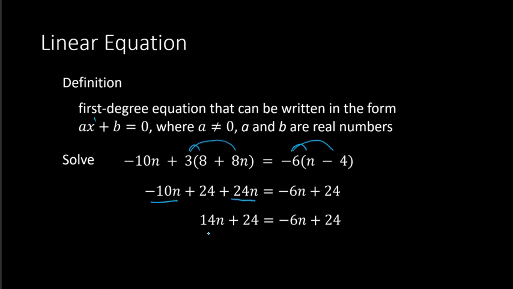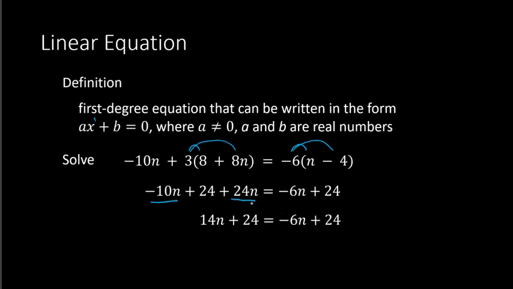And now we need to bring the n's, or the variable, to the same side. So here we see that we have 14n on the left and then -6n on the right. So we need to either bring 14n to the right side or bring -6n to the left side.